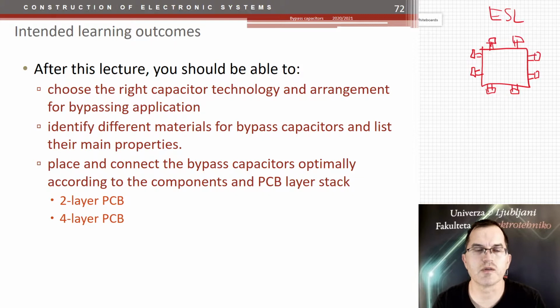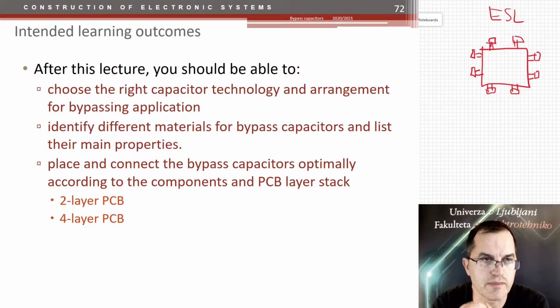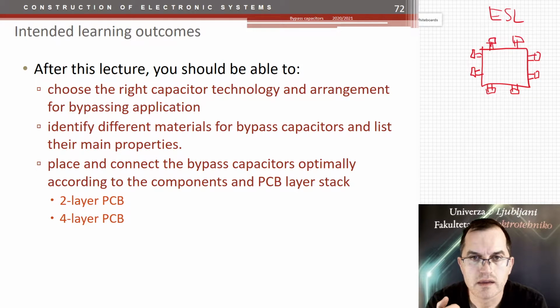So at the end, you should be able to choose the right capacitor technology for the bypassing application. And of course, you have 3 different capacitors for that. You have ceramic, you have aluminum electrolytic, and you have tantalum capacitors. Ceramic capacitors are those that should be placed as close as possible to the microcontroller or whatever you are bypassing.